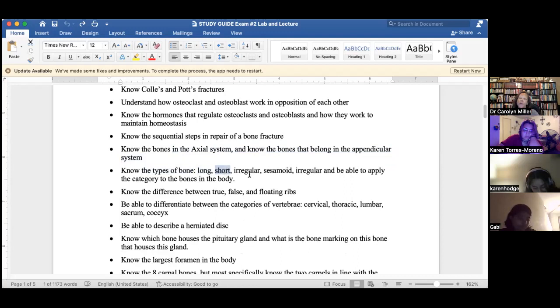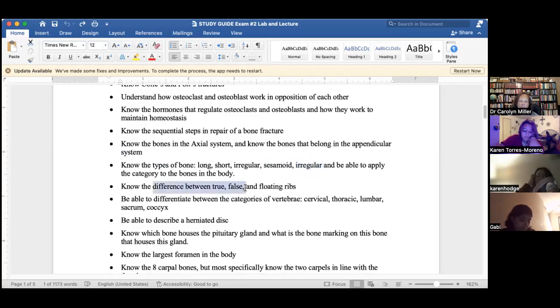The irregular bones will be the pelvis, your vertebrae, the sesamoid bone is your kneecap. So I have irregular twice. So be able to apply the category to the bone in the body. So it's probably the vertebrae is an example of a what, and it would be irregular.